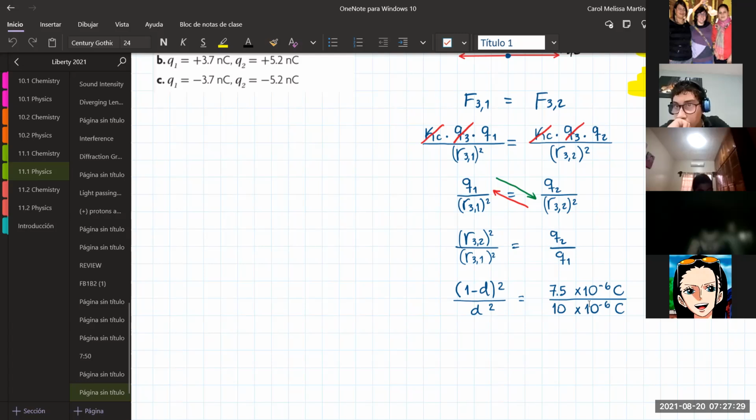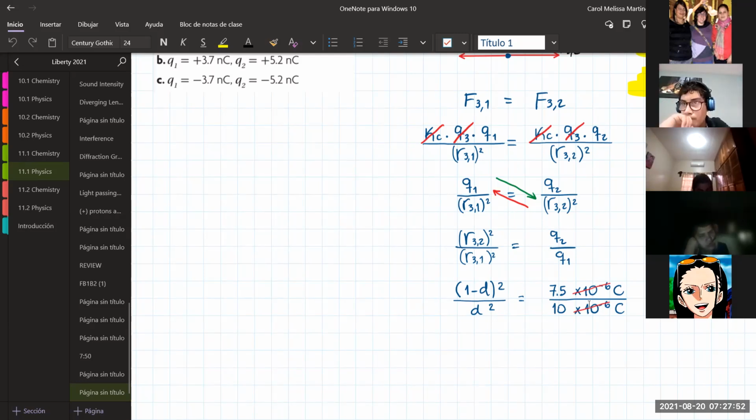And 1, when you multiply times 1 or you do whatever thing times 1, it can be totally invisible. So that's why we say that 10 to the negative 6 and 10 to the negative 6 can be cancelled. Okay, so just leave the numbers.